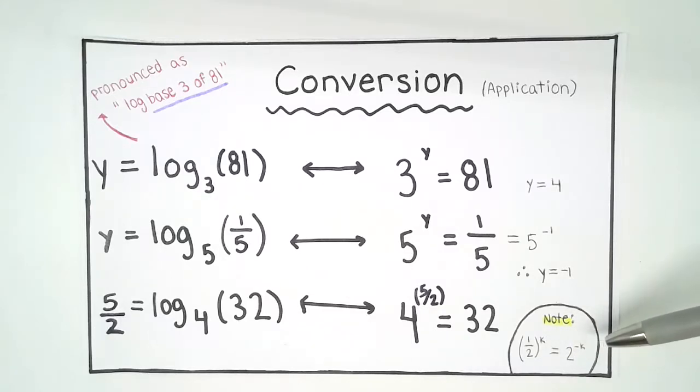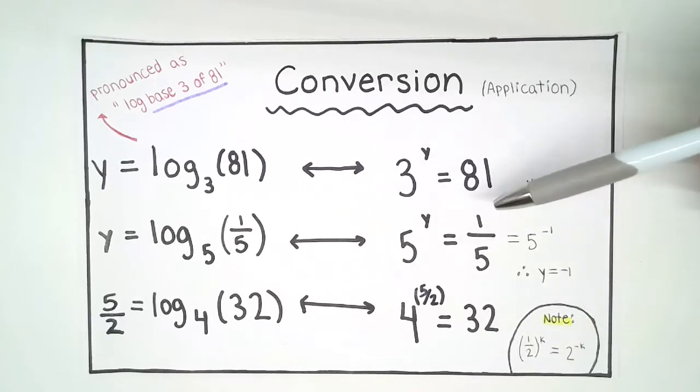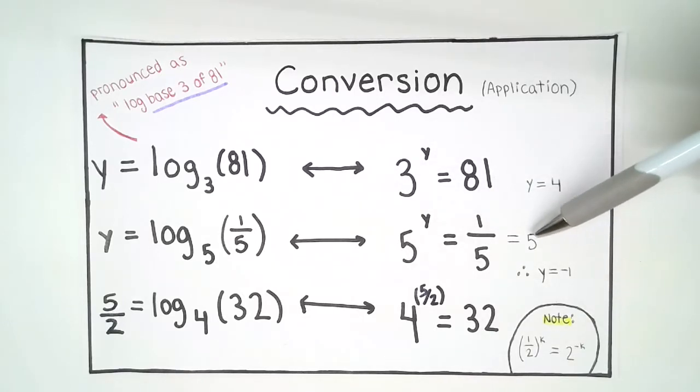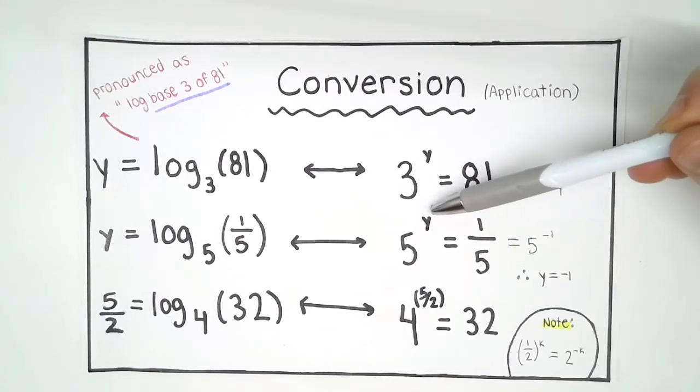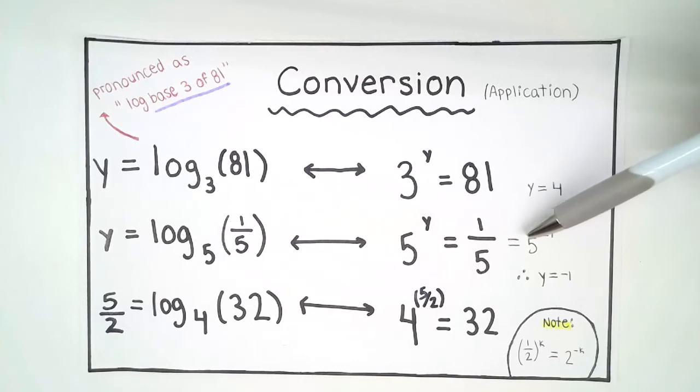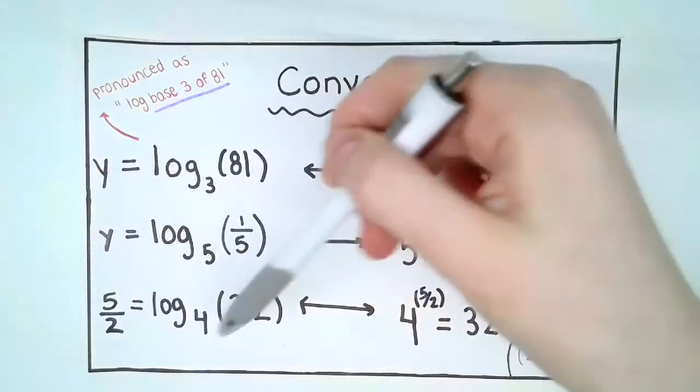The reason is that if you take something in the denominator to the numerator, then it has an exponent of -1. That's just the rule, and you have to know that. So 1/5 equals 5 to the exponent -1. Since 5 to the y equals 5 to the exponent -1, y equals -1. So the answer to this logarithm is -1.